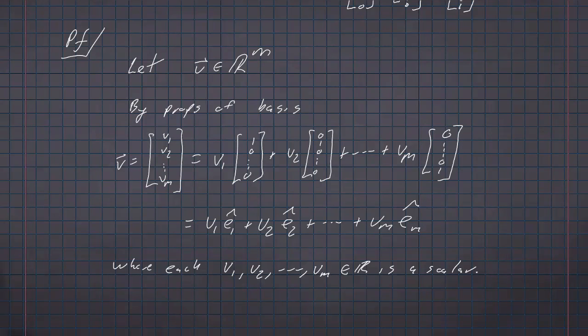So we take our vector, we list out its components, and we expand out with the basis vectors to write our vector in unit vector form.